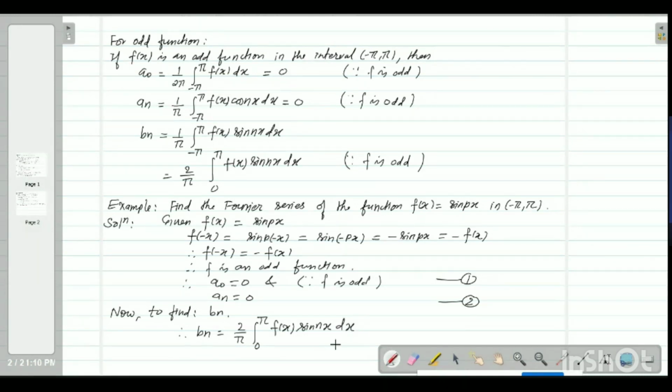This is your formula. Now let us go to the next page and substitute the function value.